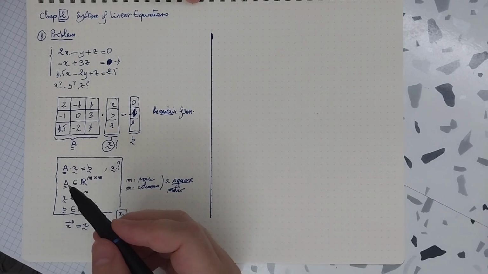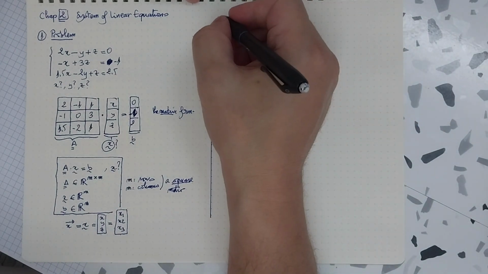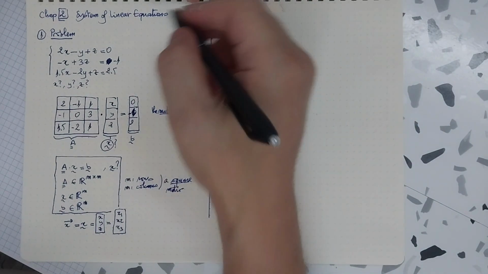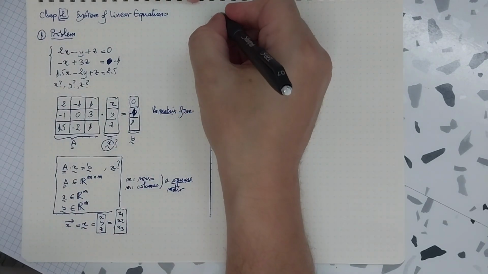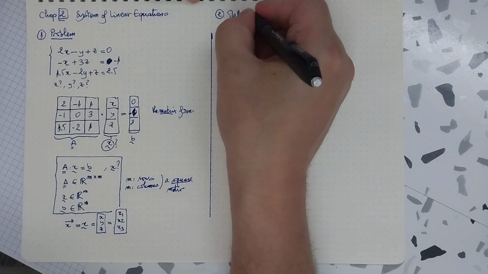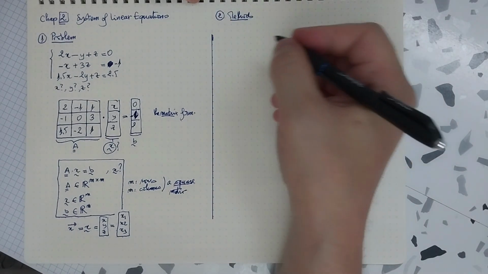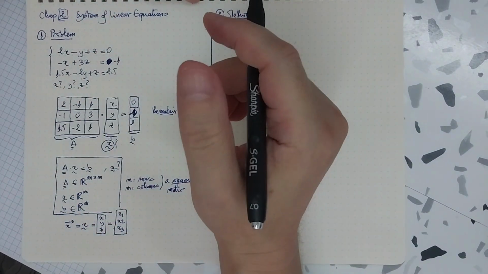How to do that? Let's see the methods. Here the problem and examples are in the same section. There are, of course, several methods. This is a big topic, numerical linear algebra.